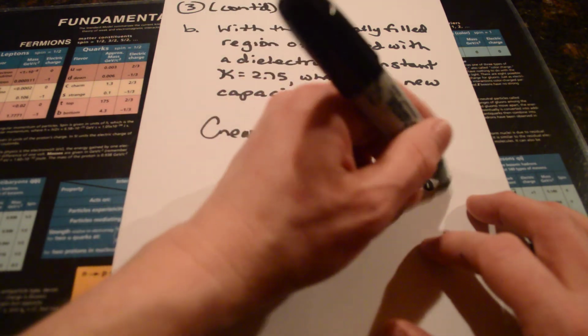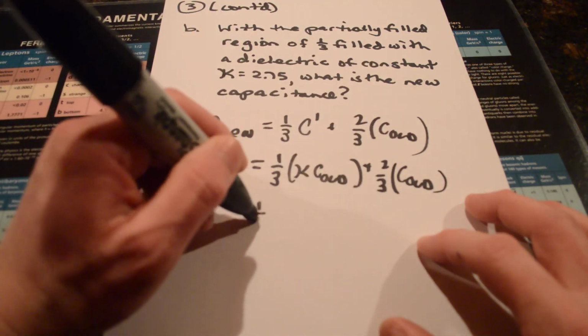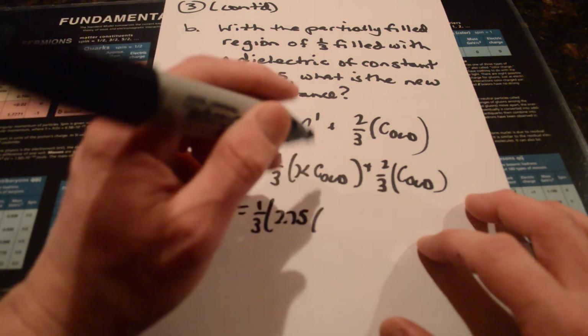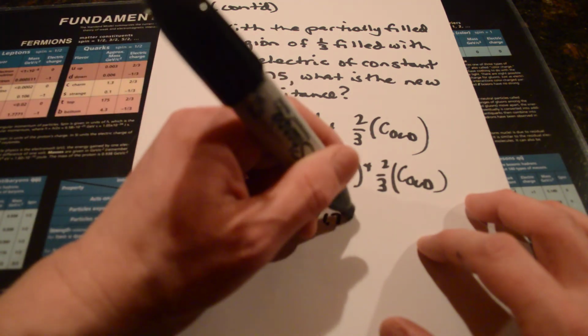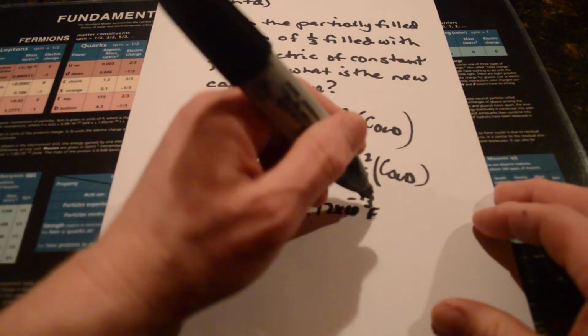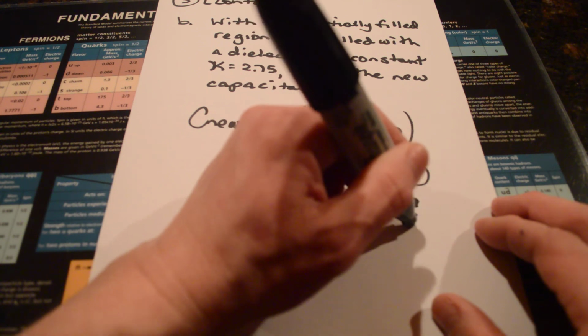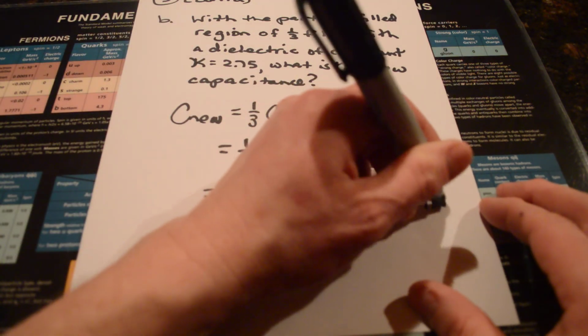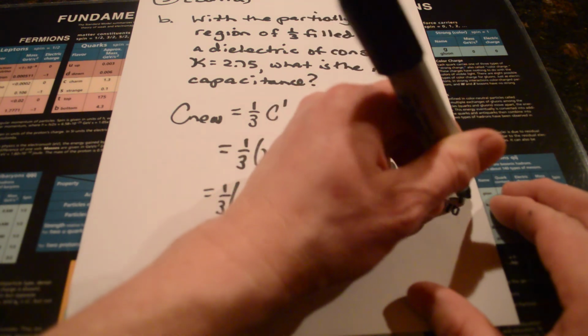Then we can calculate 1/3 times 2.75 times 1.77 times 10 to the negative 13, and then 2/3 of that same number, 1.77 times 10 to the negative 13.